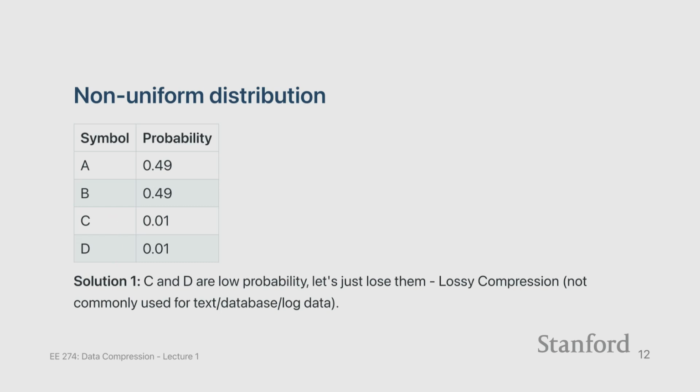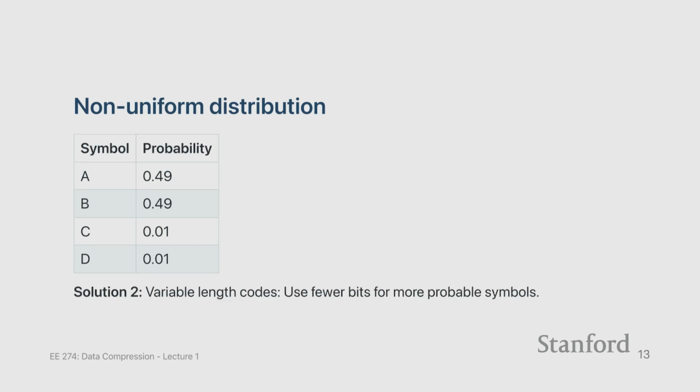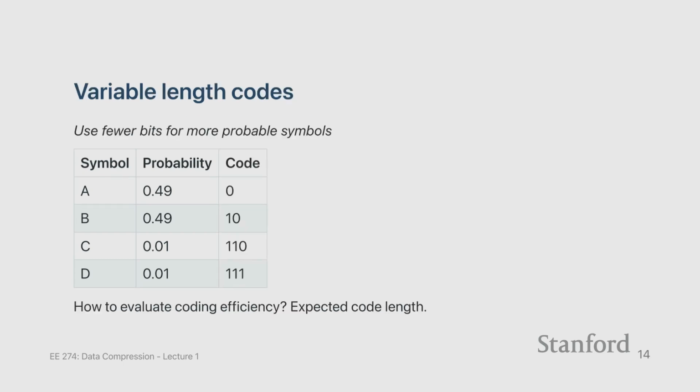So actually, some people have already suggested a solution, which is to use variable length codes, which we will now see. This is the key idea for today's lecture, really. This should be your takeaway. Simple idea: you have things which are more probable, and things which are less probable.